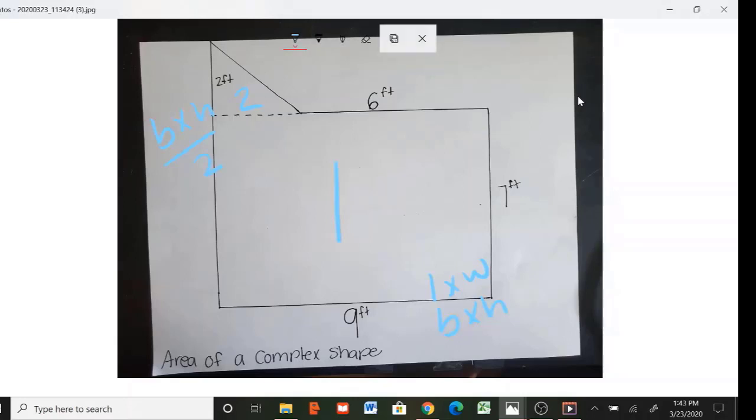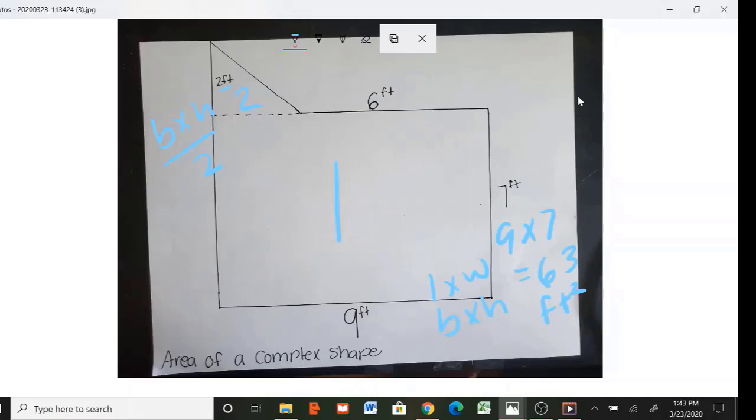So when we do that, let's first do the rectangle. We're going to do 9 times 7, base times height, length times width, same thing for a rectangle, and we get 63, all right? And we have feet squared. So now let's take a look at our triangle. So I see that we have our height of 2 feet, but I don't see our base, and we need a base. So the way we can figure out what our base is, we can look at what other information this picture gives us.